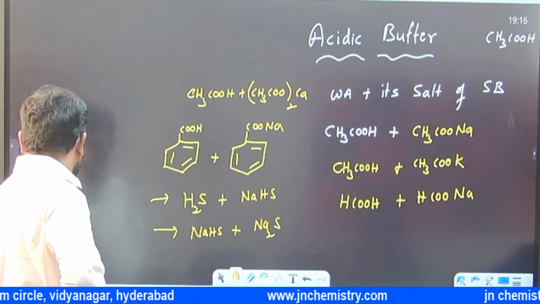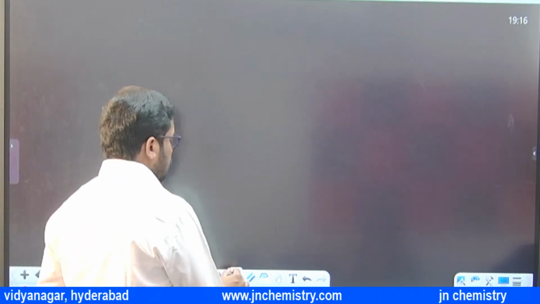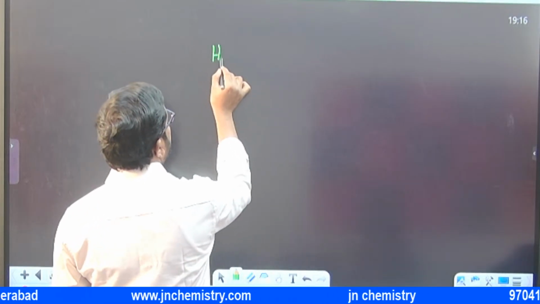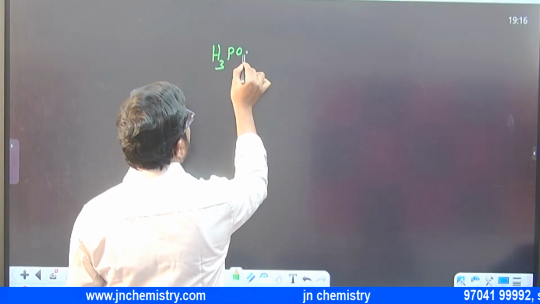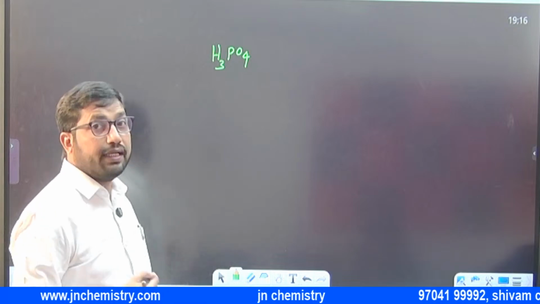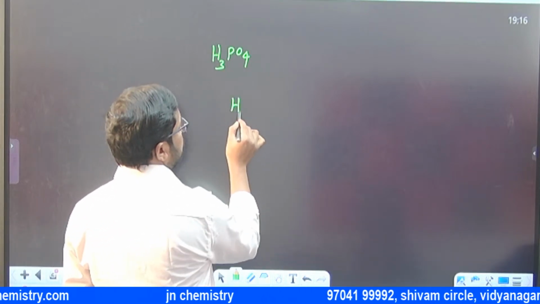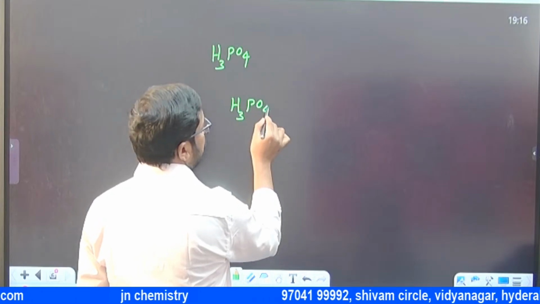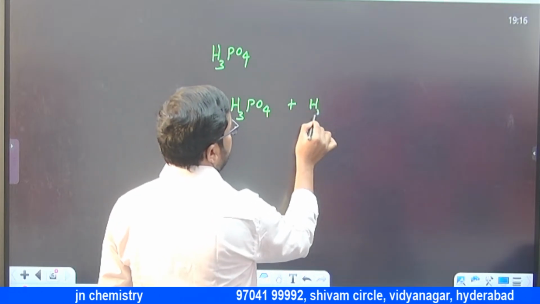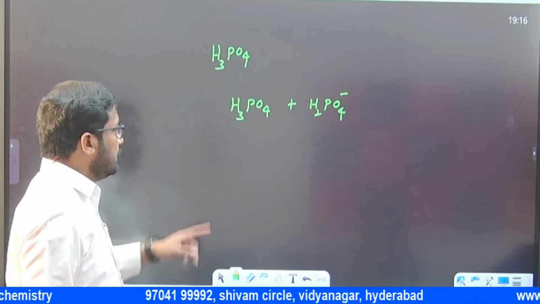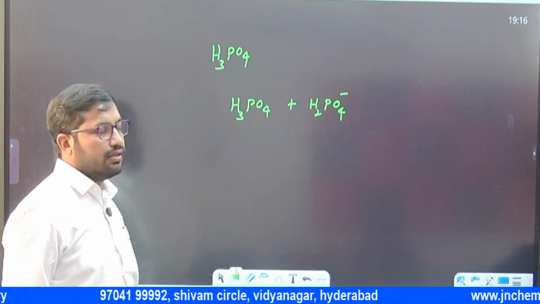Here is one more important thing. For example, try to understand H3PO4. H3PO4 is in how many types? See, the combination H3PO4 plus H2PO4 minus, this combination, one type of buffer.